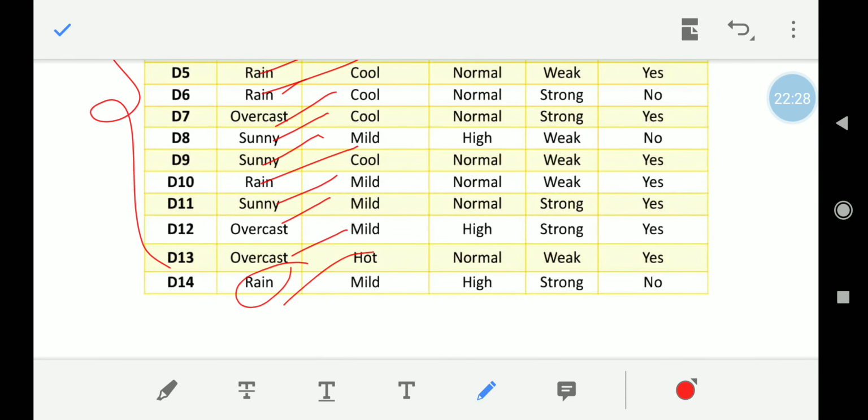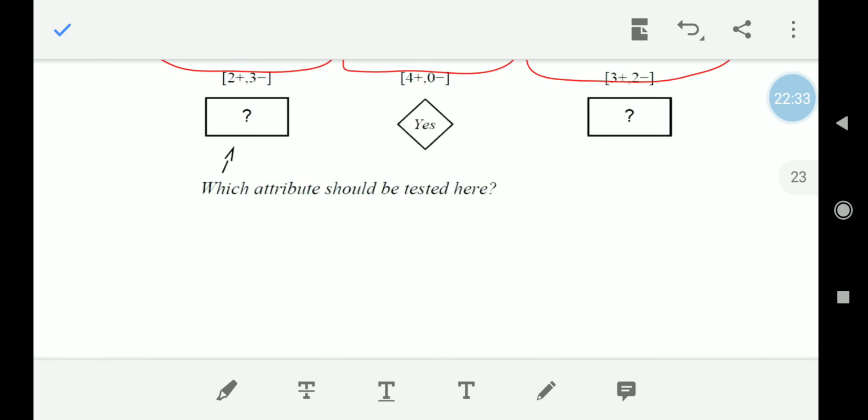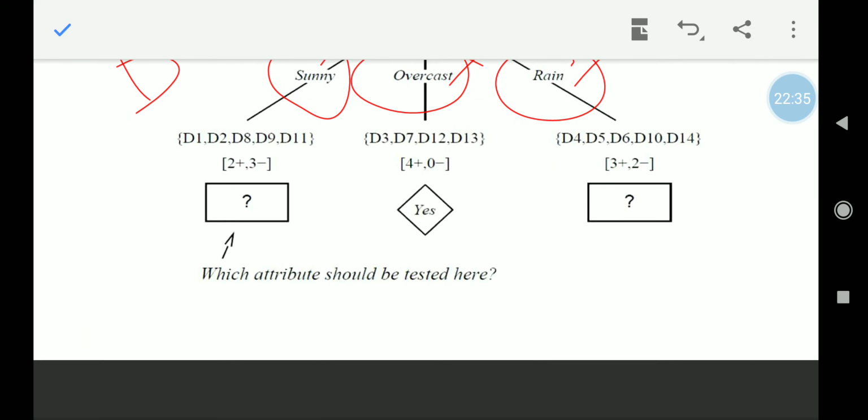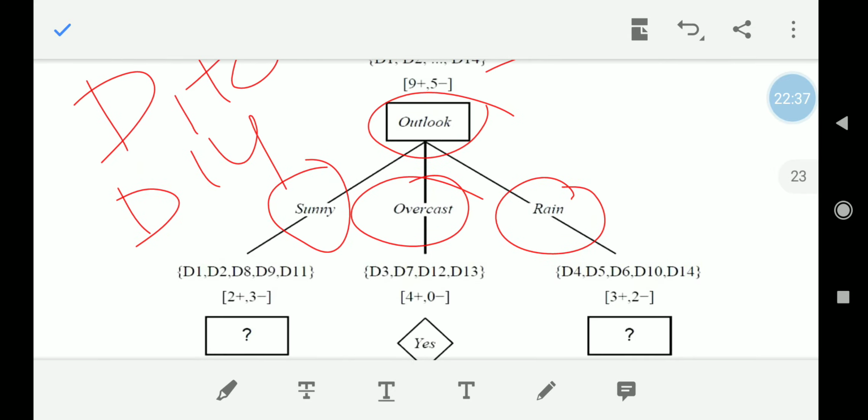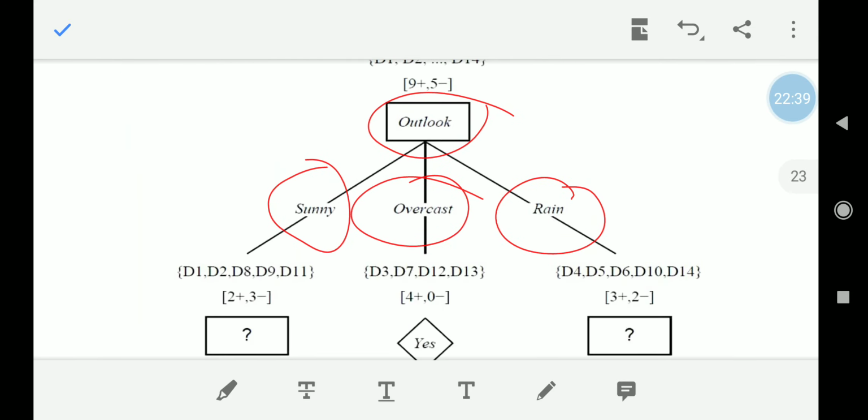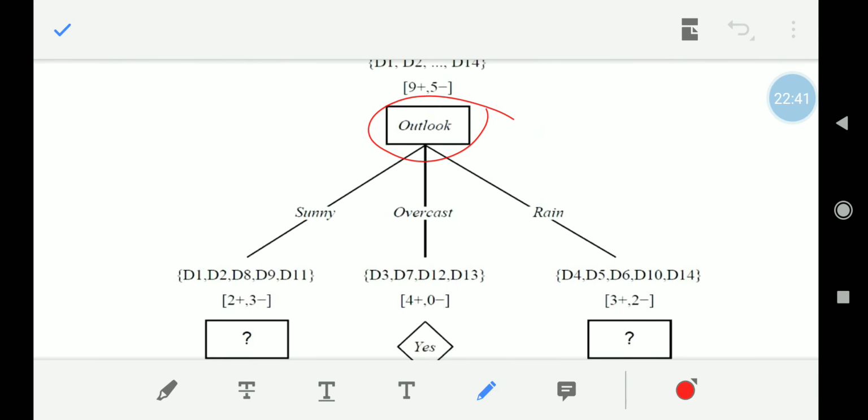So you have to note these examples first clearly, which belong to sunny, which belong to rainy and which belong to overcast. So I have noted down: these belong to sunny, these belong to overcast, these belong to rain.